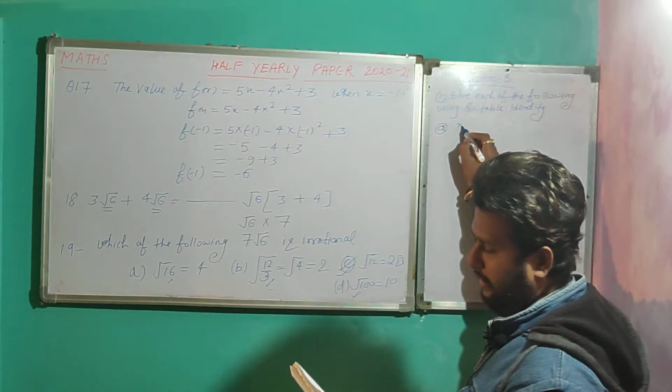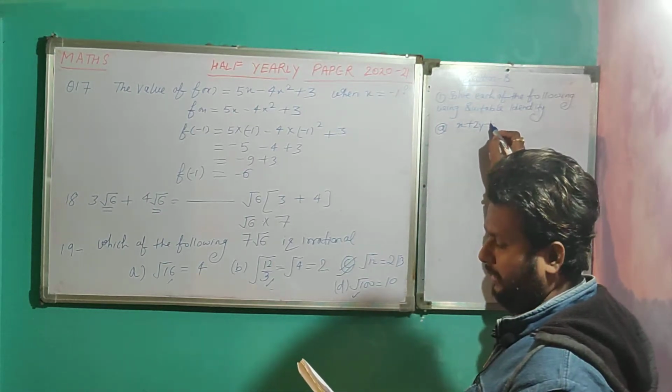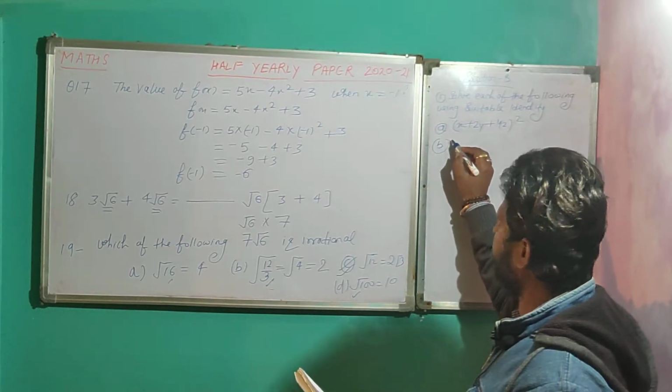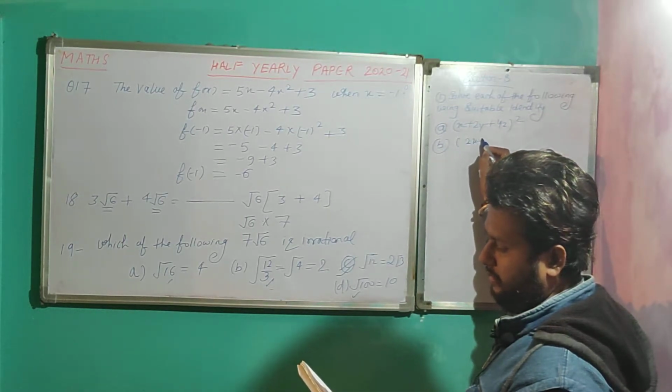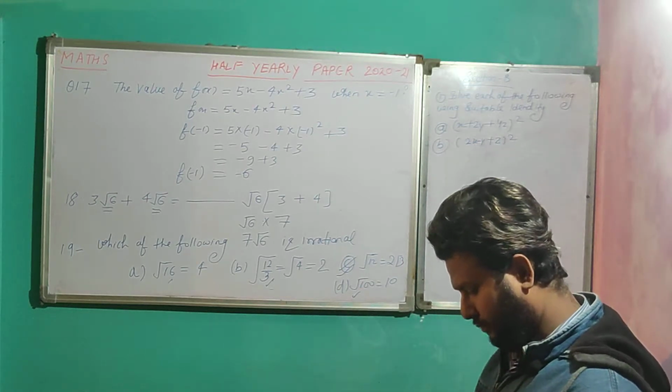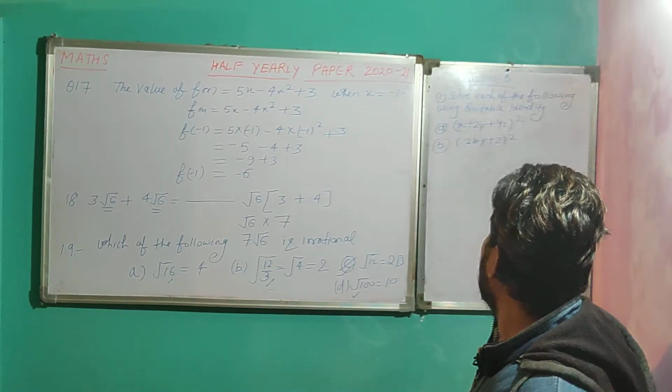A, (x plus 2y plus 4z) whole square. B, (2x minus y plus z) whole square.